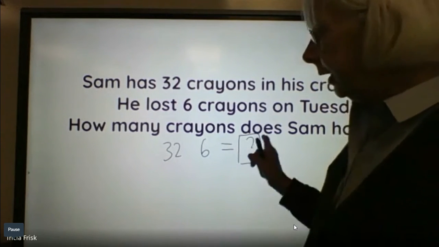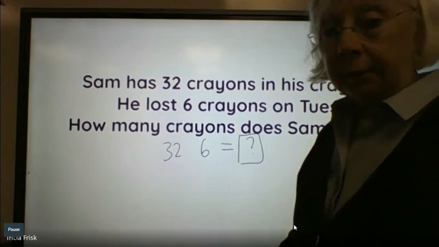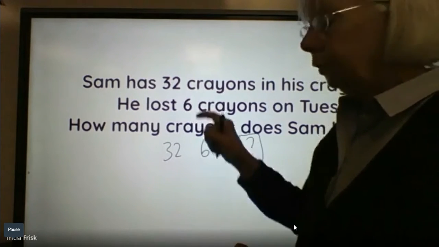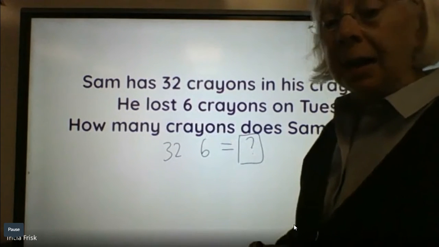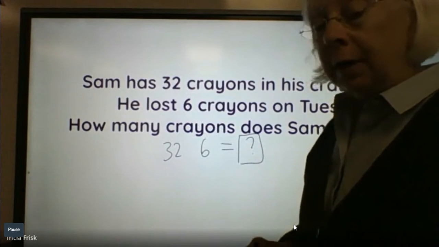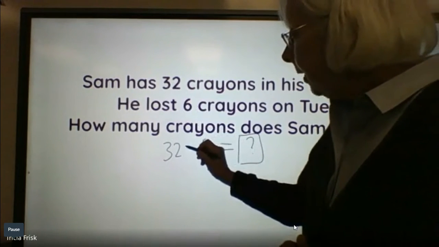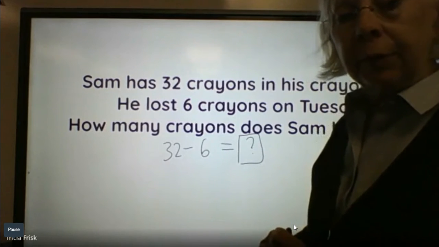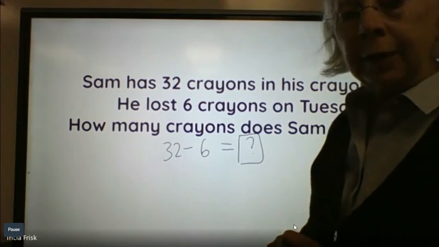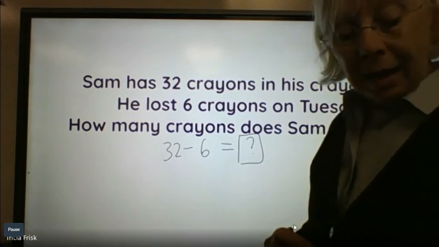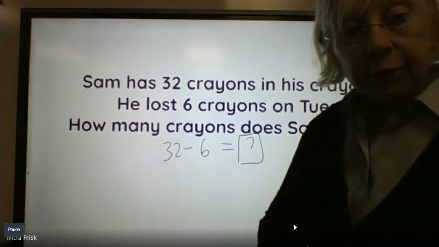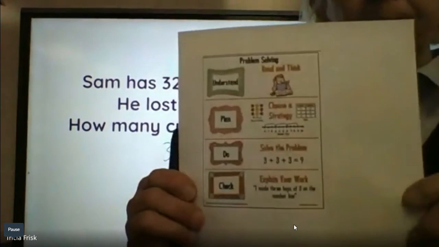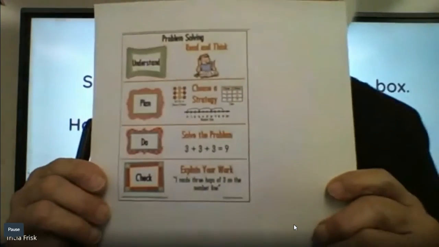So I know that this is going to be a smaller number. It's not going to be a bigger number than 32, is it? Right? So now I'm ready to plan my strategy by saying I'm going to subtract 6 from 32 to find the answer that I don't know. All right? So I understood. Now I understand the problem. I can go to my next step.